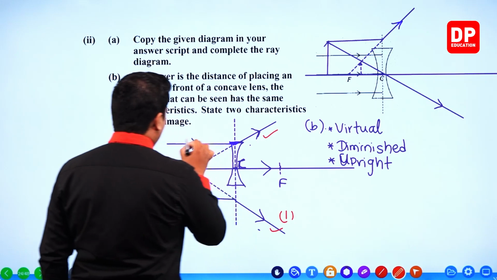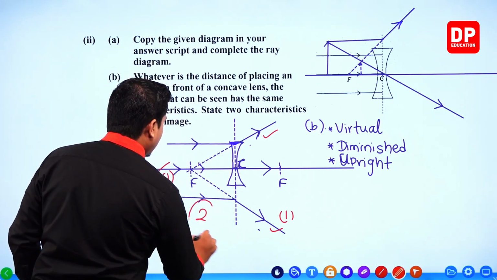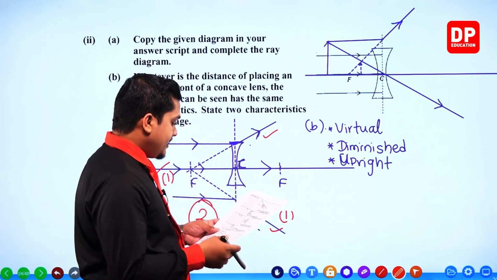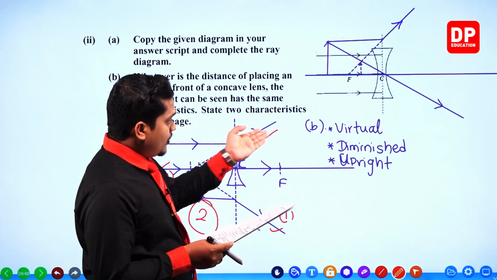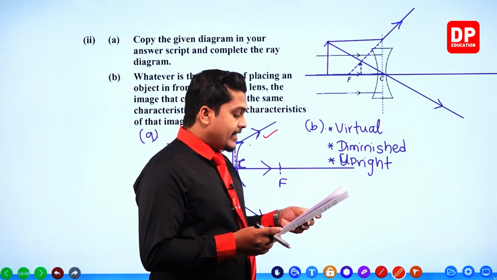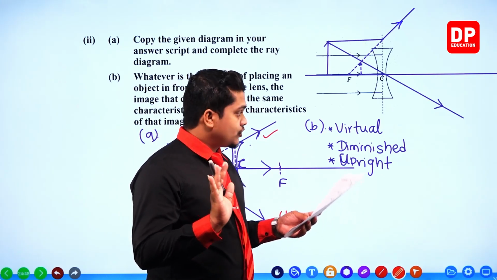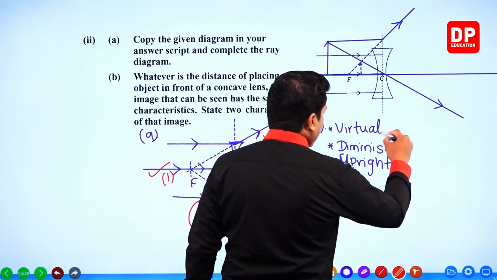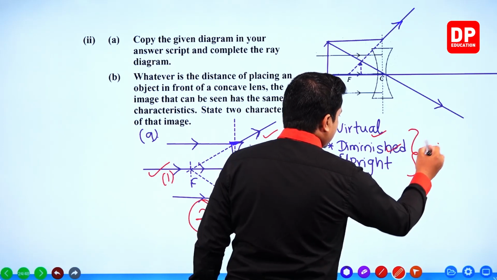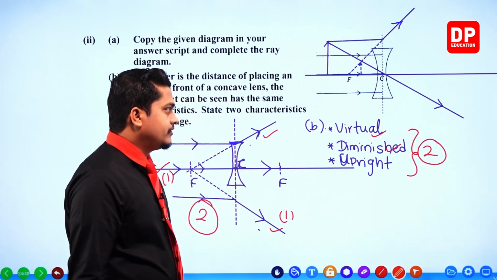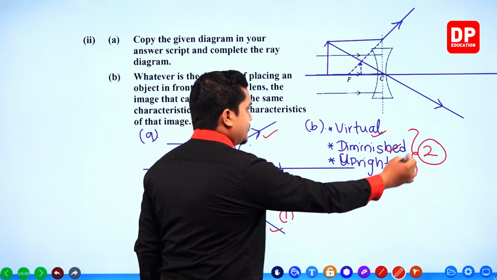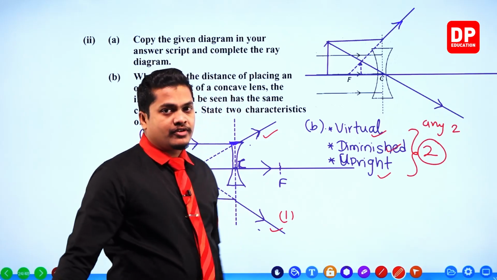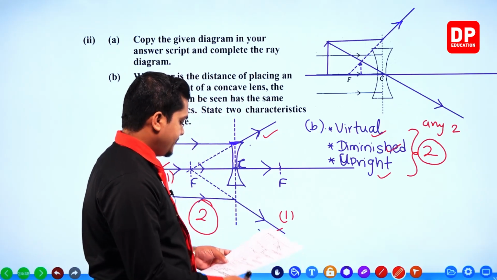So 2 marks in total for the ray diagram. Then next one, part B, for writing down any 2 of these features, you are given 2 marks, right? Any 2 responses, 2 marks.